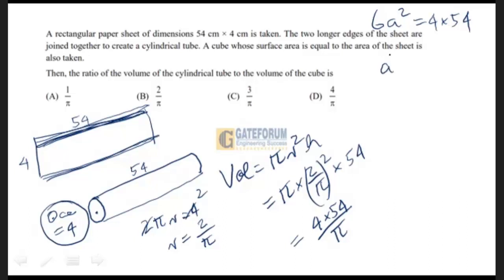So we can say a square is equal to 9 into 4 because 6 goes by 9. Hence a is equal to 3 into 2, that is 6. So the length, breadth and height of the cube is 6. By the way, these are all in centimeter. This is in centimeter. This is also in centimeter.